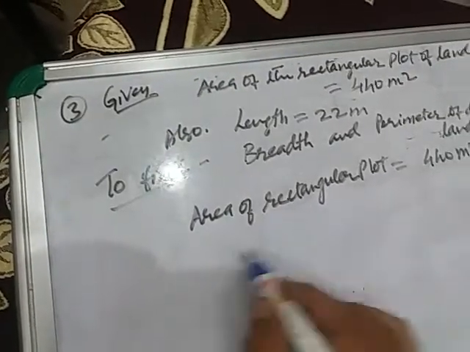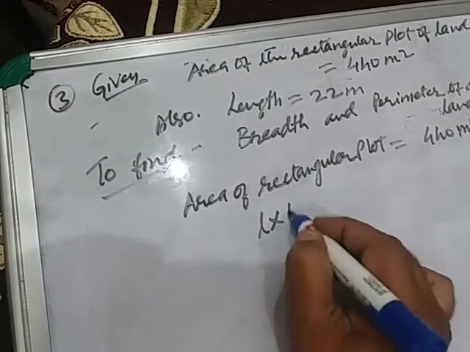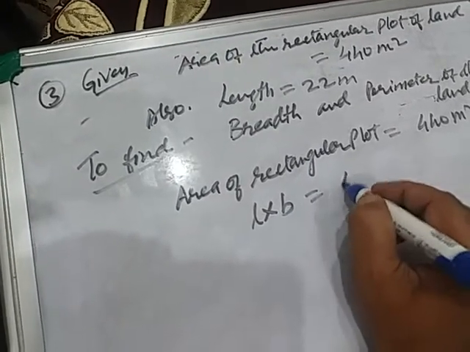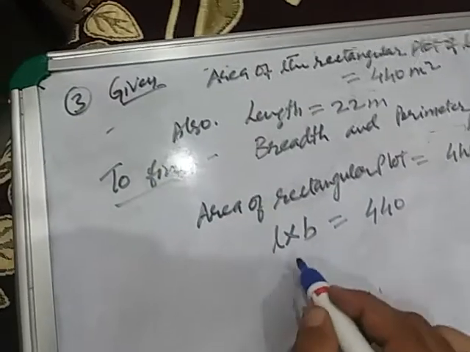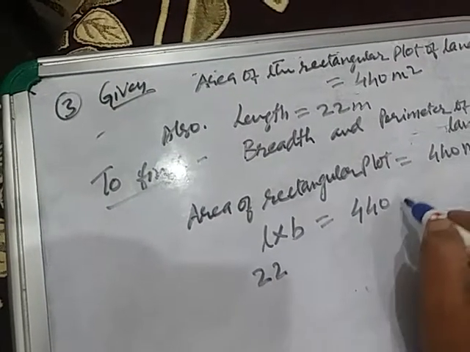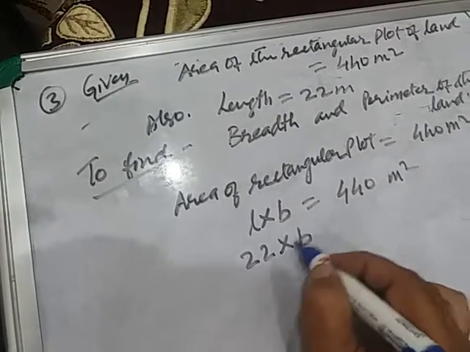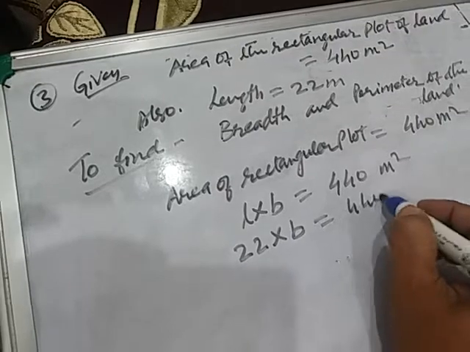Okay, and here what is area of rectangular plot? That is length into breadth equal to 440. Here length is given to be 22 meter, so 22 meter multiplied by breadth equal to 440.